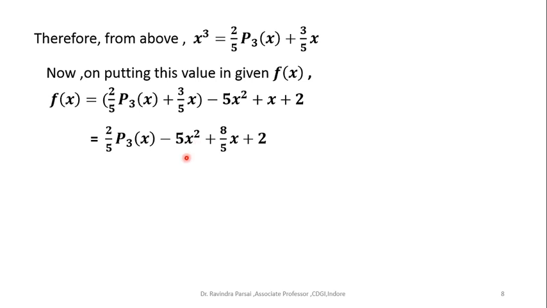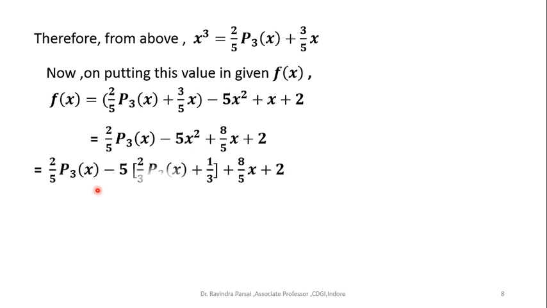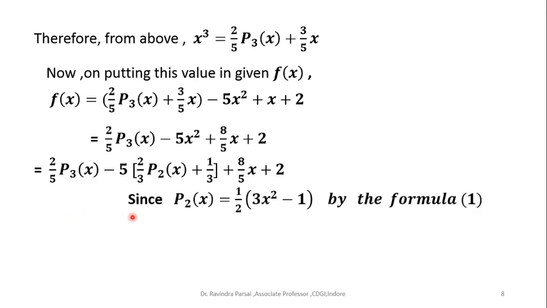So now we proceed to find the second degree Legendre polynomial, again by using the formula. The second degree Legendre polynomial is 1 upon 2 of (3x square minus 1).